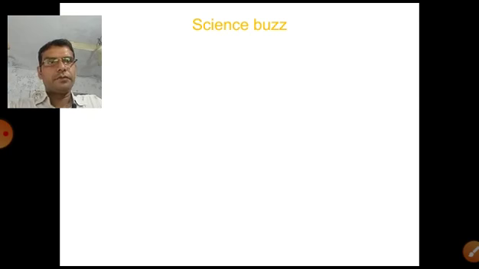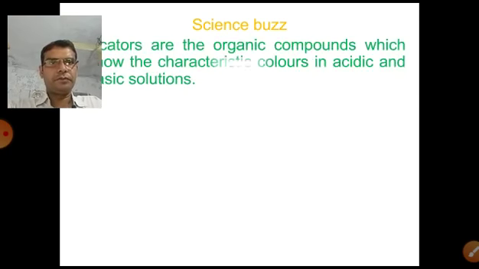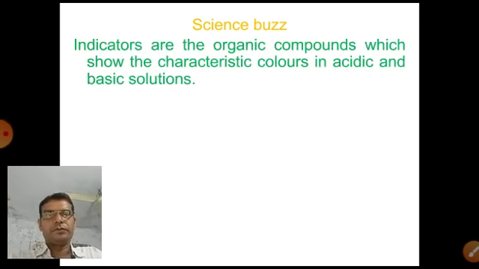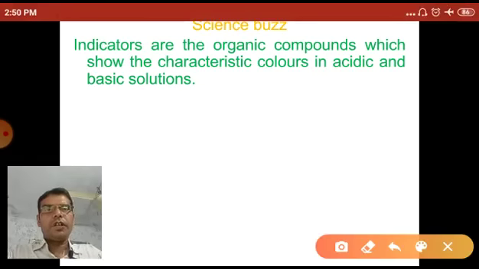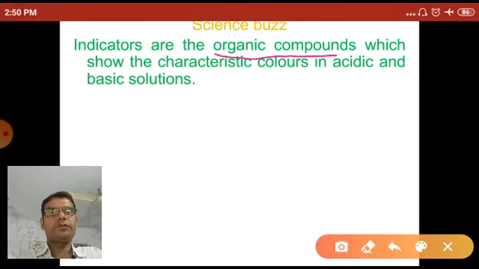Now here the science buzz. Indicators. What are indicators? Indicators are a type of organic compounds which show a characteristic color in acidic and basic solutions.